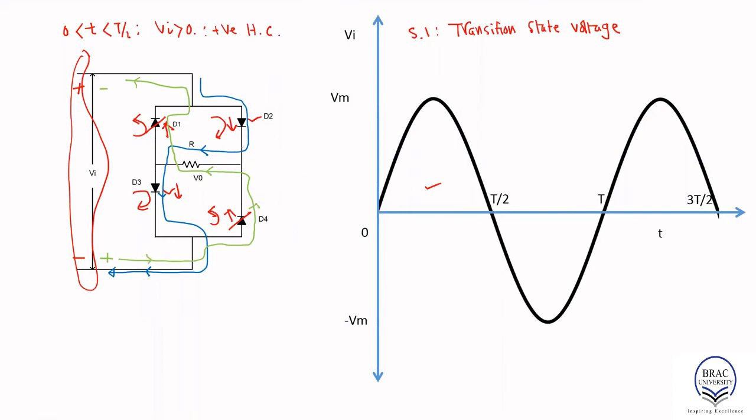So notice the current through the resistor, for both the positive half cycle and the negative half cycle, is flowing in the same direction, which is from right to left. Therefore, for both half cycles, the voltage drop polarity is plus, minus.